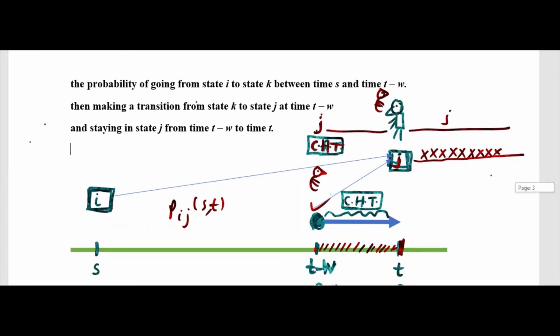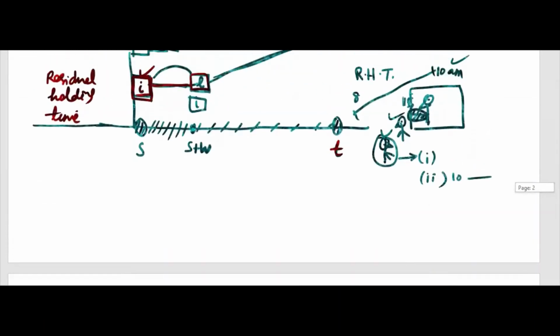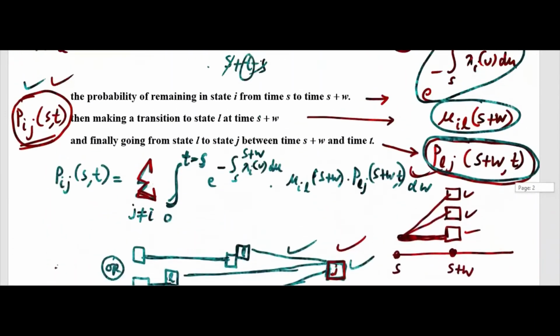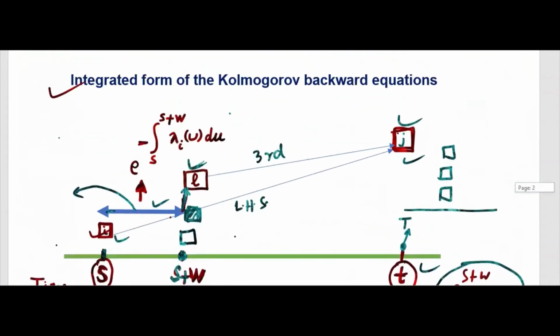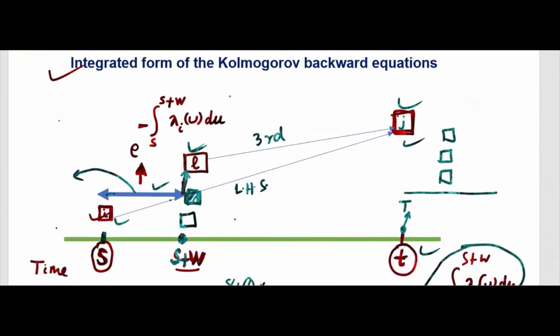Okay. Residual word means what? How much time remaining? That is residual. That's why here we say residual holding time, because I will make a transition to some other state after this time. So if the total time is this in a particular state, here I am interested only in this one, because I am starting from here. After that I will make a transition. In the other case, I am not interested here.